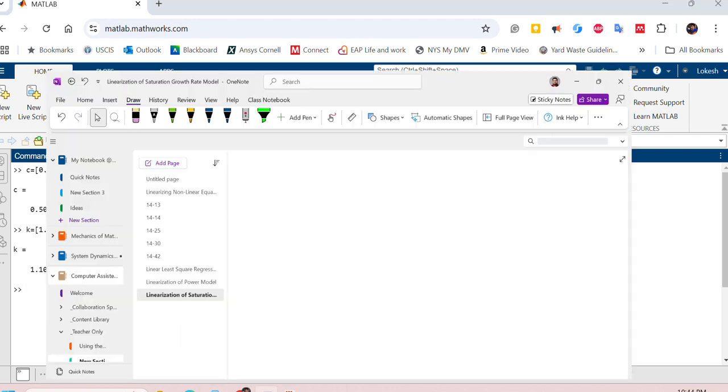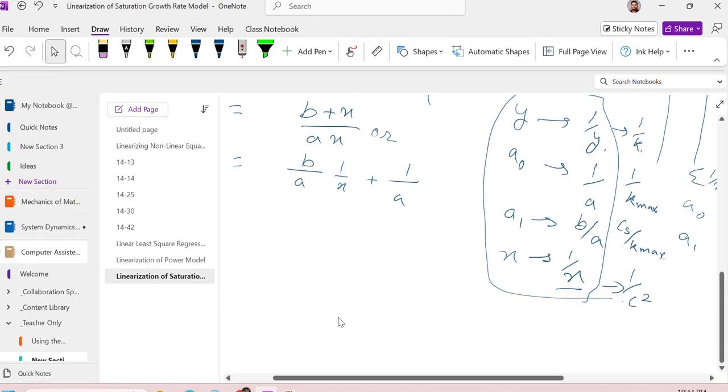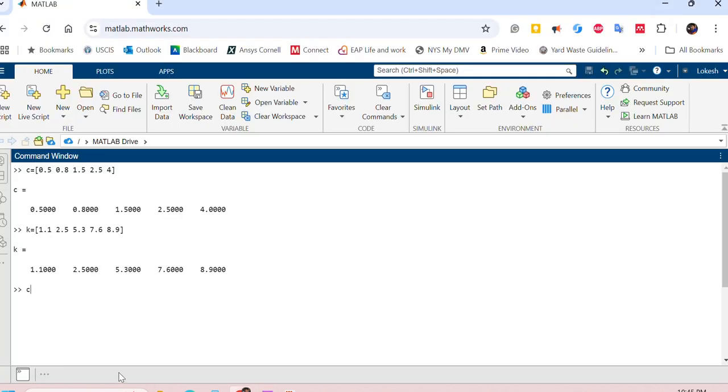Now if you look at the model, your y is 1 over k, but your x is 1 over c squared. So I'm just going to say c squared is equal to c squared, and that is going to be my squared values of c.